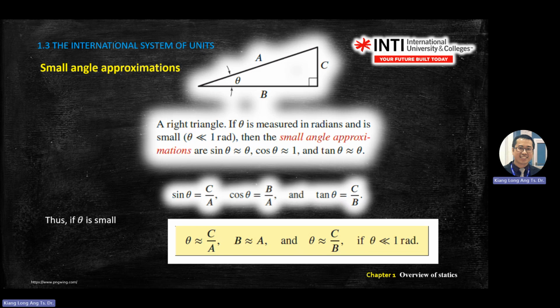So it will very, very near to B. If this one in radian, very, very small, less than 1 radian, then theta also, you can get C and A. This one, theta, also you can take this one divided by B. So there are two calculations. So approximate. If you use this set, then A will very near to B. If you use this set, then the angle will be very small.